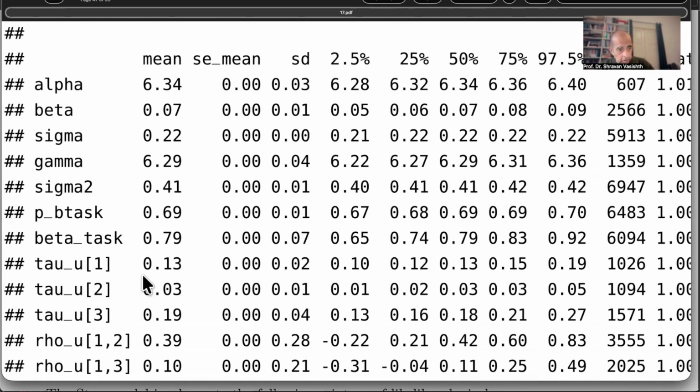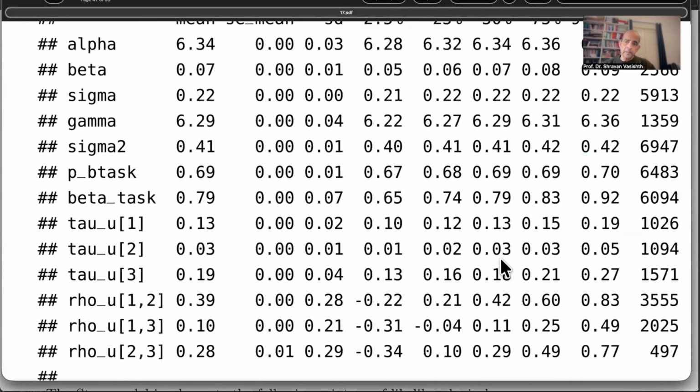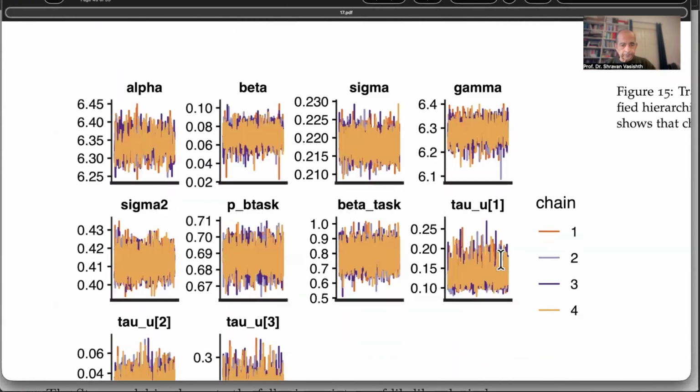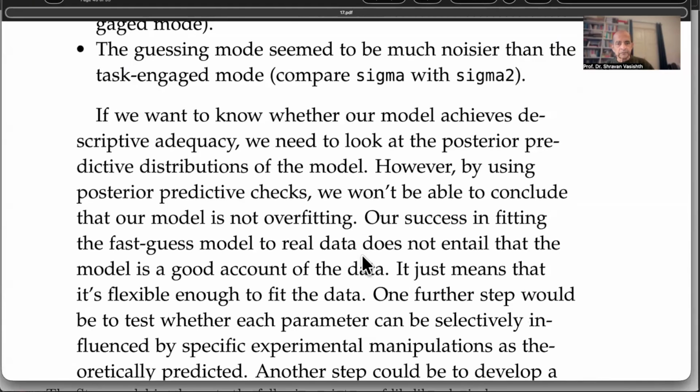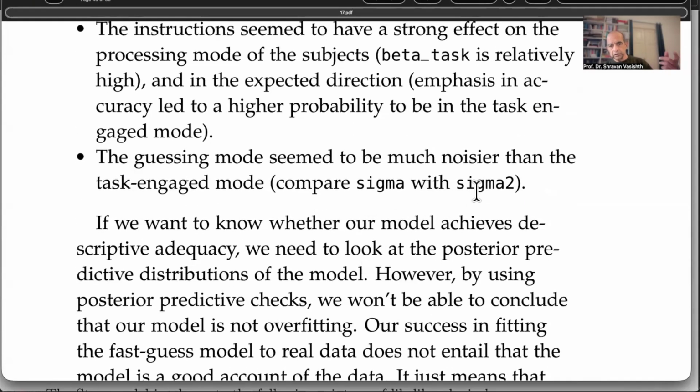So log odds is 0.79 with a 95% credible interval going from 0.65 to 0.92. Okay. All right. So that's one thing that we learned, and the other thing was that the guessing mode seems to be much noisier because, as I said, sigma 2 is twice as large as sigma. Okay? 0.2 versus 0.4 or something, right?